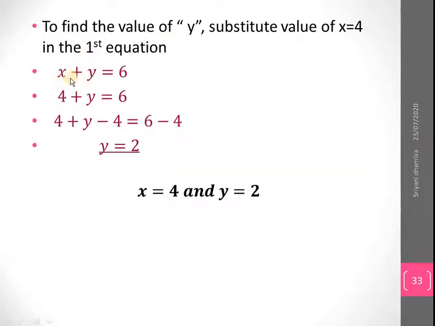The first equation is x plus y equals 6, with x equal to 4. Substitute this value here, 4 plus y equals 6. Then remove this positive 4 by subtracting 4 from both sides. Now you can see y equals 6 minus 4, which is 2. So the two answers are x equals 4 and y equals 2.